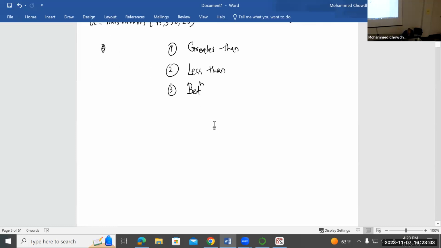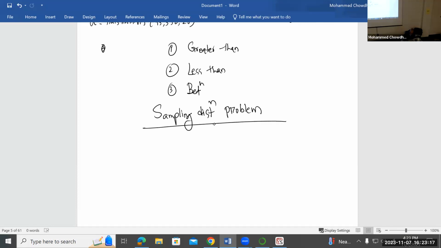Now this is a sampling distribution problem. Easy. Here you will have to find the probability for the mean or total.